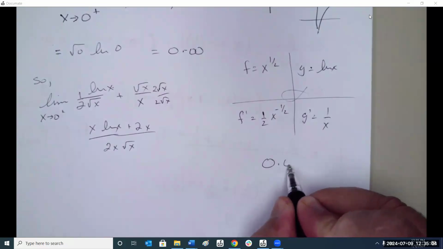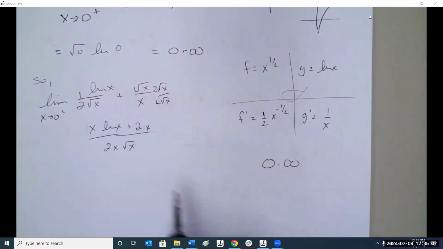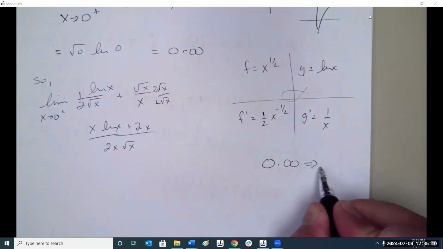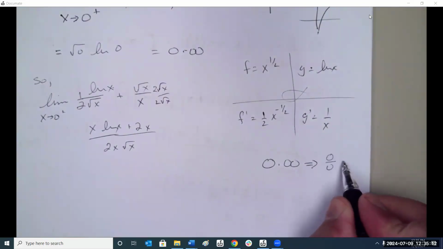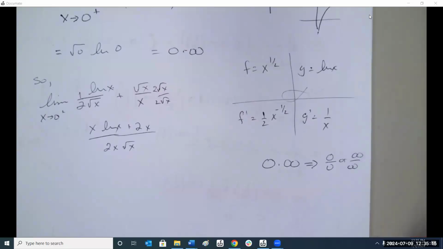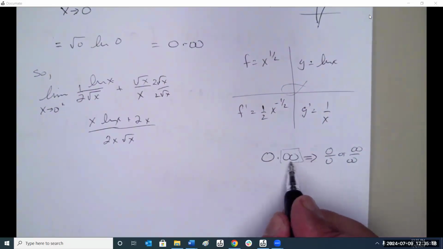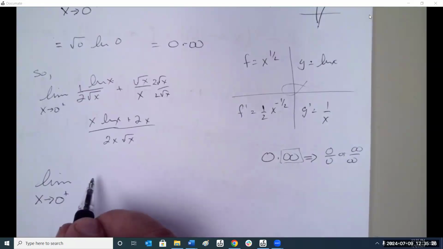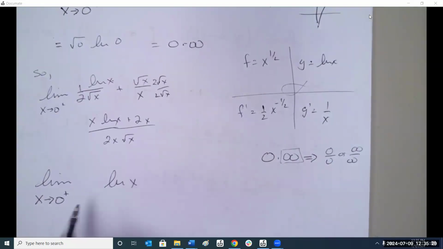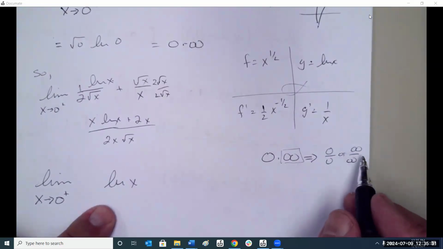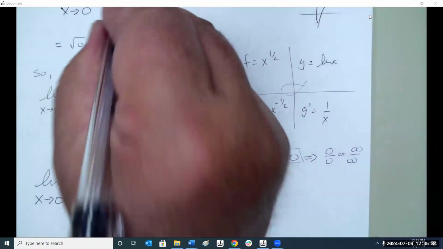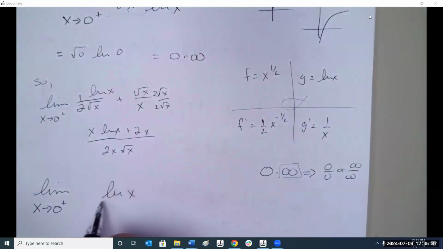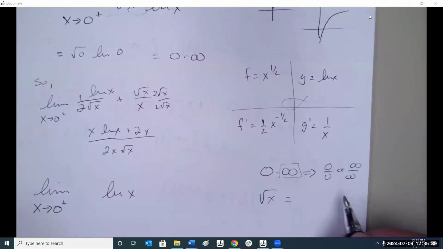So if we have 0 times infinity and it leads us to a complex function like this, convert it to a rational, either 0 over 0 or infinity over infinity. Since ln x as x goes to 0 goes to infinity, although it'd be negative infinity, and this one goes to 0, convert that one. Square root of x is the same thing as 1 over 1 over square root of x.